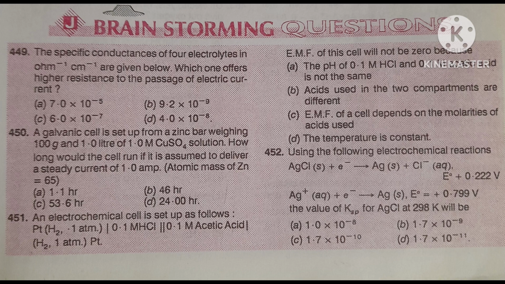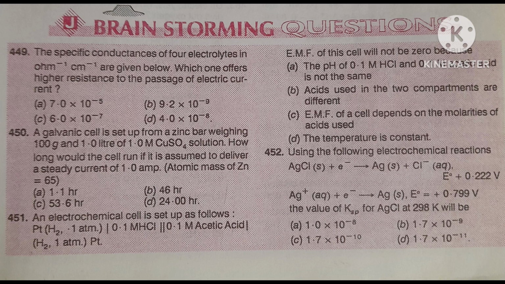The second hydrogen gas electrode is dipped in 0.1 m acetic acid and the pressure is the same, 1 atmospheric pressure, and both electrodes use platinum, because the same electrodes are there. Both are separated by a salt bridge.